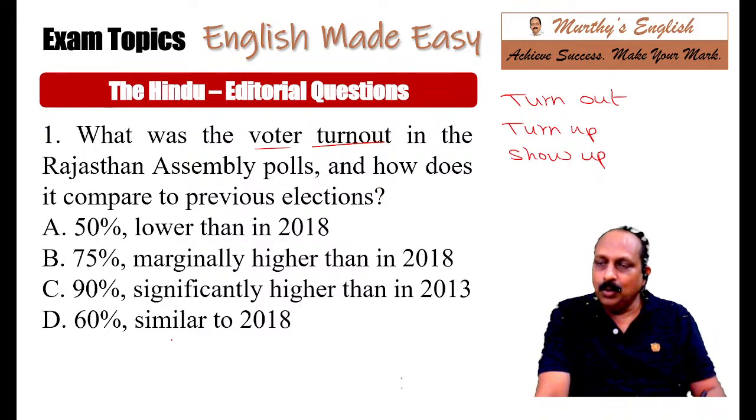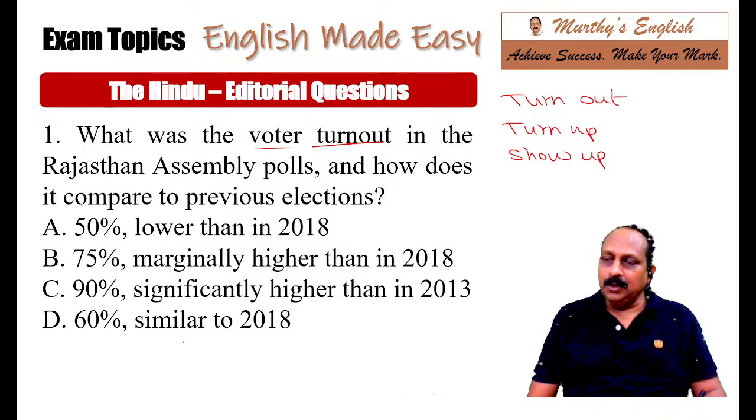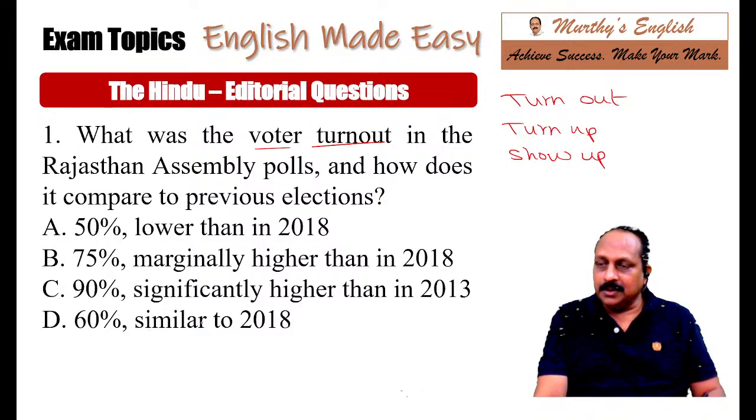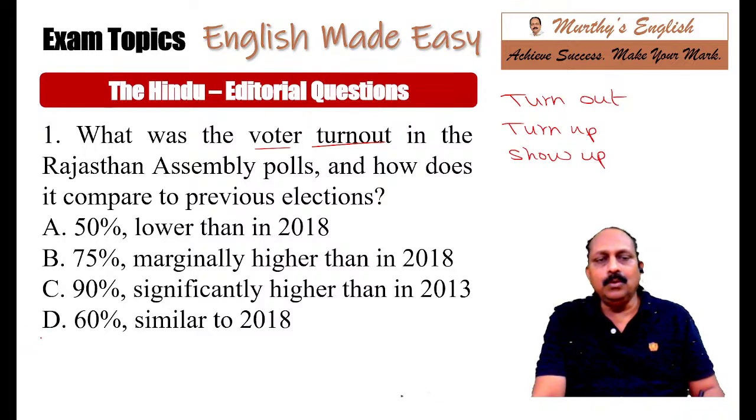B. Who is that? Pawan Kumar, first one to respond. Naidu also says 1B. Swapna also says 1B. Pandu, Divya, all these. Not A. No, no, no, no. Not C. Anusha, C? No, it is 75%, marginally higher than in 2018.